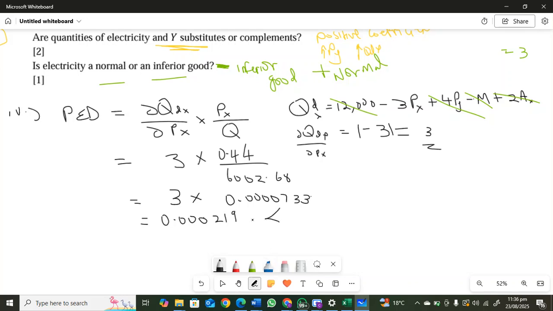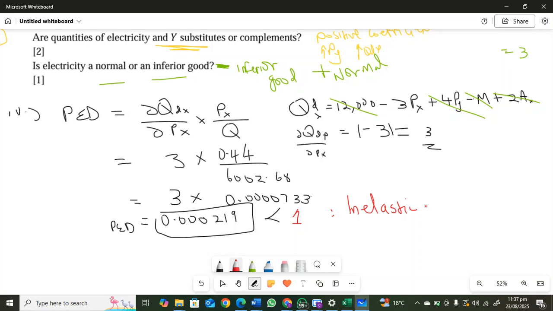So since this value we've calculated, the price elasticity of demand, is less than 1, because you always compare your answer against 1, we say demand for electricity is inelastic, meaning it's not very sensitive to changes in price.